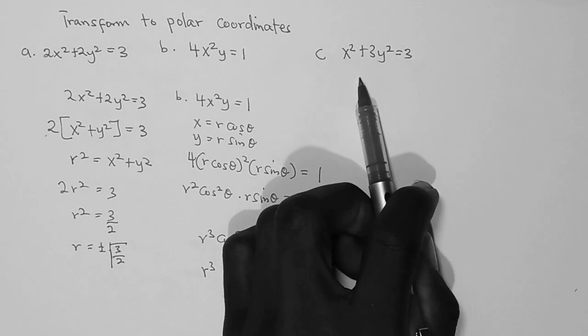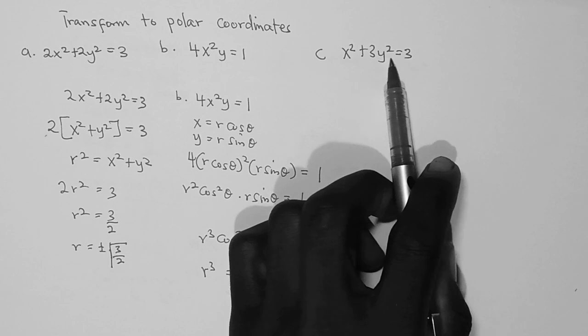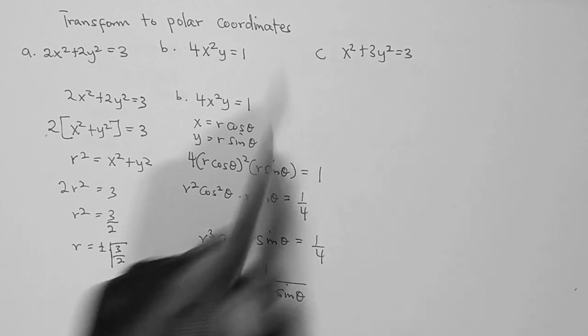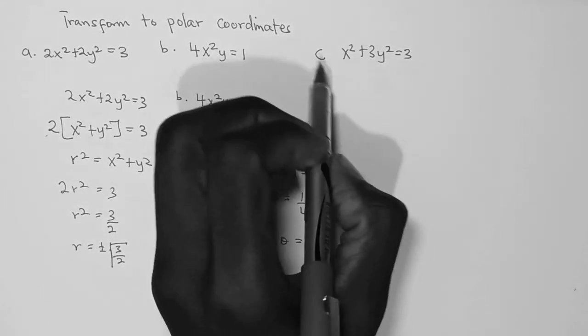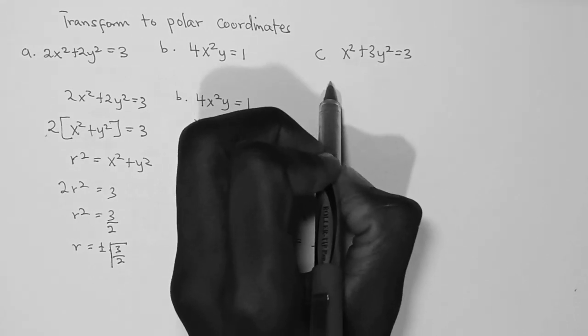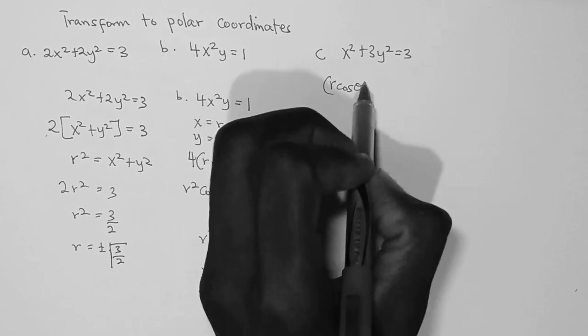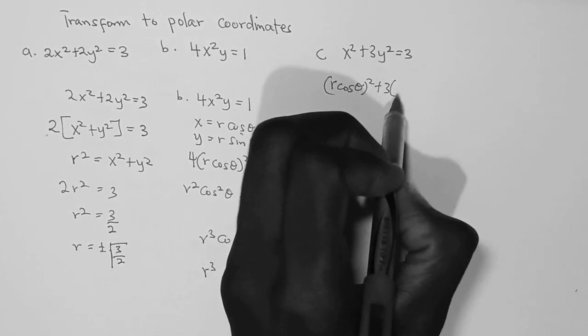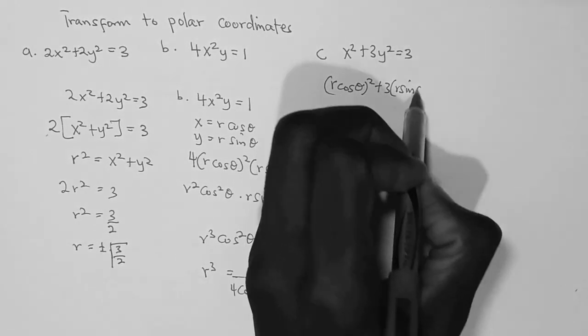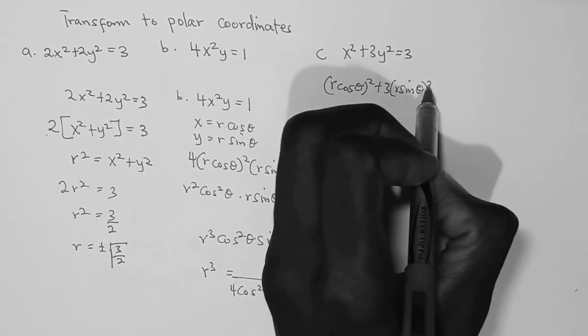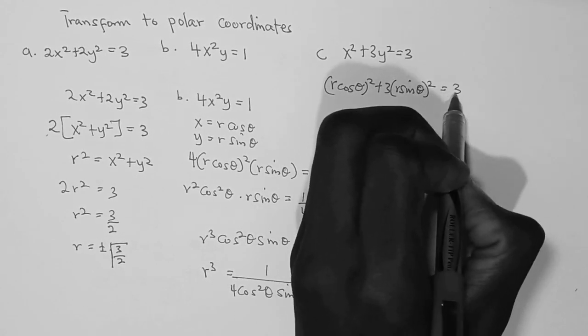Let's come to the last part, which is x squared plus 3y squared equals 3. So this becomes x is r cos theta all squared, then plus 3 times r sin theta all squared equals 3.